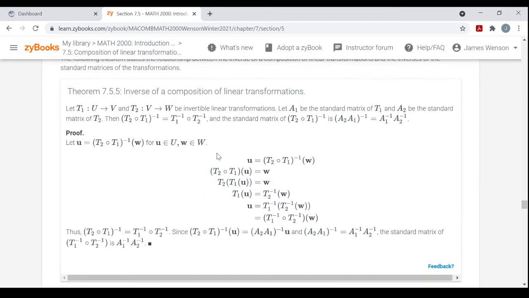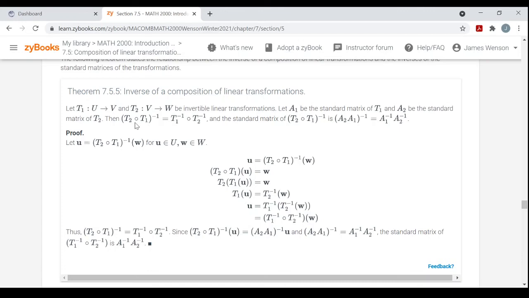All right. And then if you want the inverse of a composition, so if T1 and T2 are invertible linear transformations, isomorphisms, and A1 is the standard matrix of T1 and A2 is the standard matrix of T2, then T2 composed with T1 inverse is T1 inverse composed with T2 inverse.